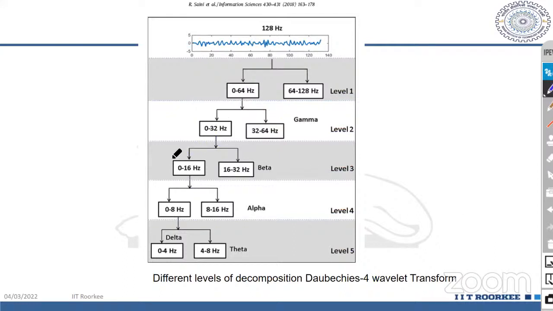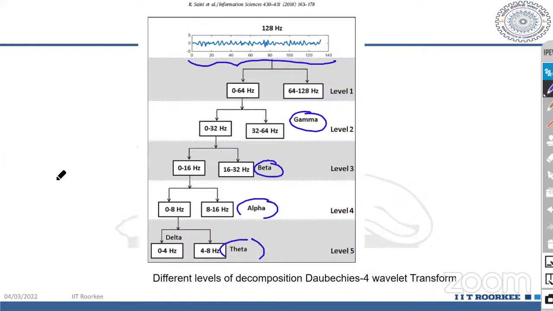Now from here I will extract the features. These wavelet coefficients: alpha, beta, gamma, delta, and theta. Let us assume you have a signal of length near about 140 or something, with a value for each point.